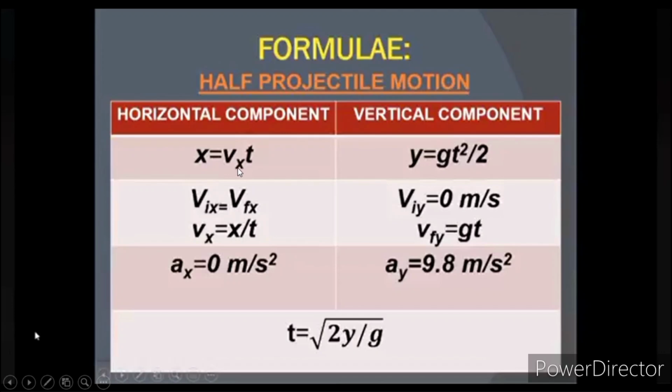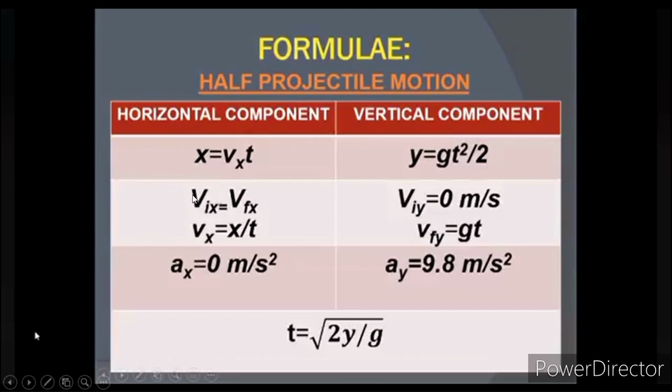May question ako, bakit po yung initial velocity natin naging X na ngayon, dati 0? Kasi ang ating ini-emphasize dito is horizontal component, which is X-axis. Don't be confused, kaya may X dyan kasi horizontal tayo. And next, take note din na ang ating initial velocity is always equal to final velocity.